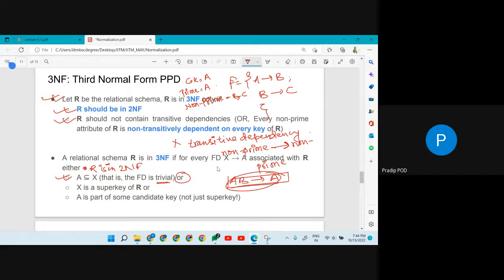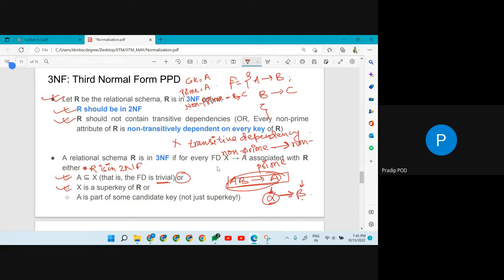The second condition is X is a super key. So if alpha to beta is a functional dependency, this is your left hand side and this is your right hand side, right?